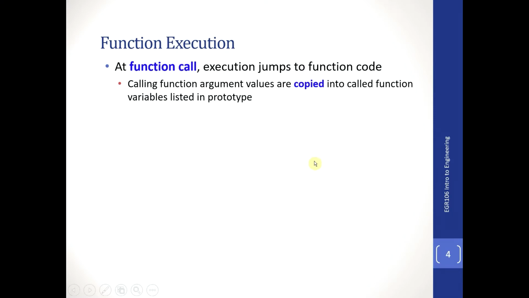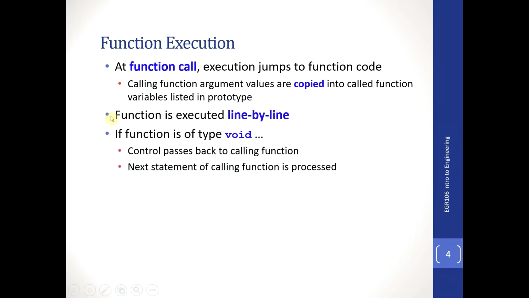Another review of the function is how it's executed. So at the function call, this will happen in main. Execution for the computer jumps down to the function, does whatever the function says, and then jumps back to that same line. If the function is void at the end, then we don't return anything back to that line that it jumps back to, and it just jumps back into main and starts executing more lines.